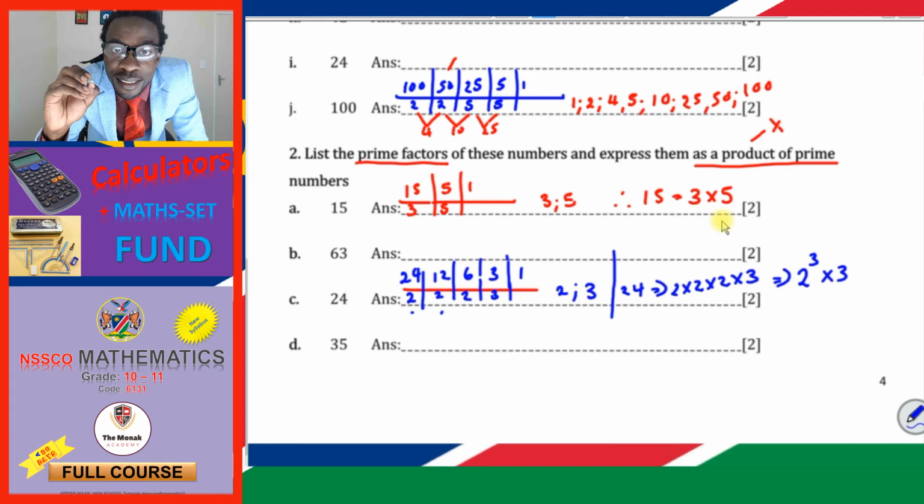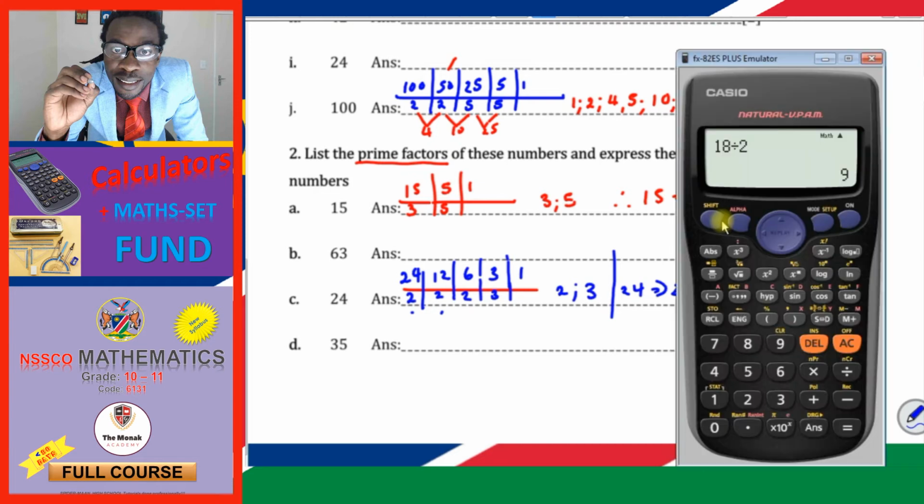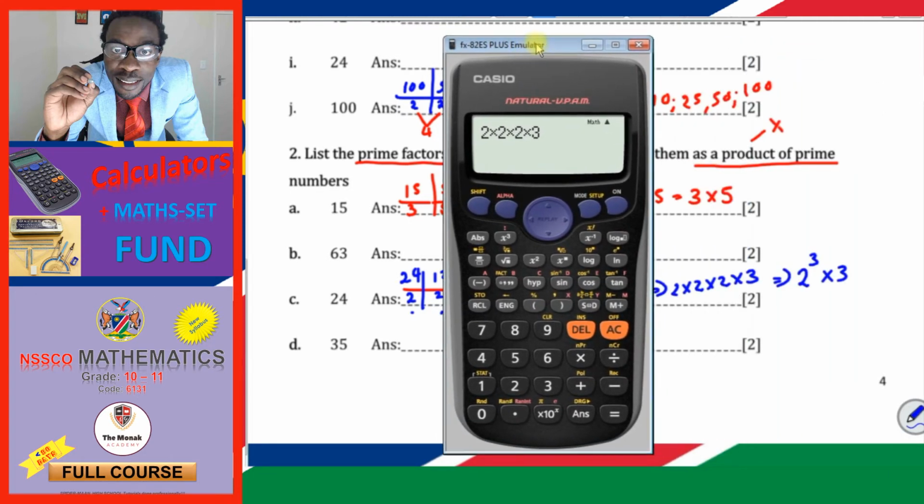If you punch that in a calculator, 2 times 2 times 2 times 3, you get 24.